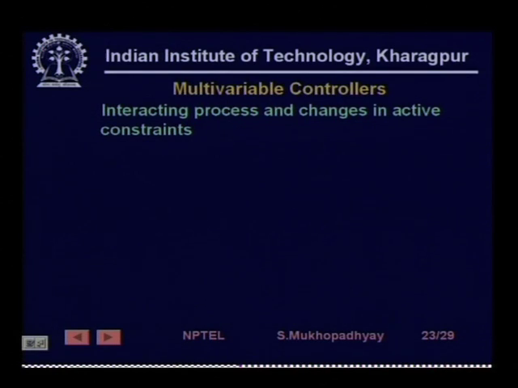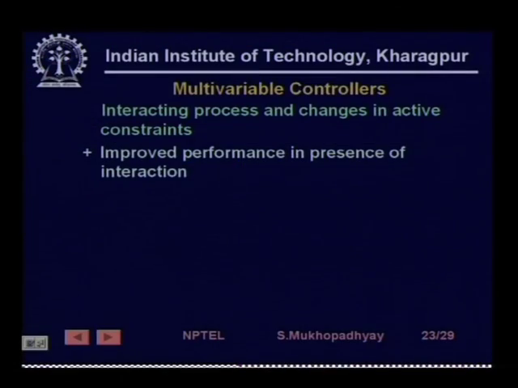On the other hand, if you have multivariable controllers, then process interactions as well as constraints are handled very seamlessly. Things like MPC, model predictive control, which are very popular in the industry today, we did not study MPC, are methods designed to handle multivariable processes with interactions and constraints.